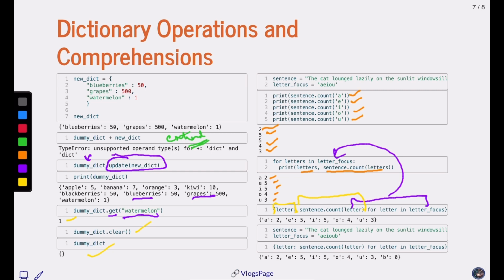I'm mentioning that particular outcome in the former part, and then I'm closing this entire piece in a bracket. So automatically a dictionary gets created with a key, which is my letters, and sentence.count(letter) with its value. And say for example, when I add a new letter B to the focus, even though it is not there, automatically it gives the count of B as 0, and this entire thing gets stored in a dictionary here.